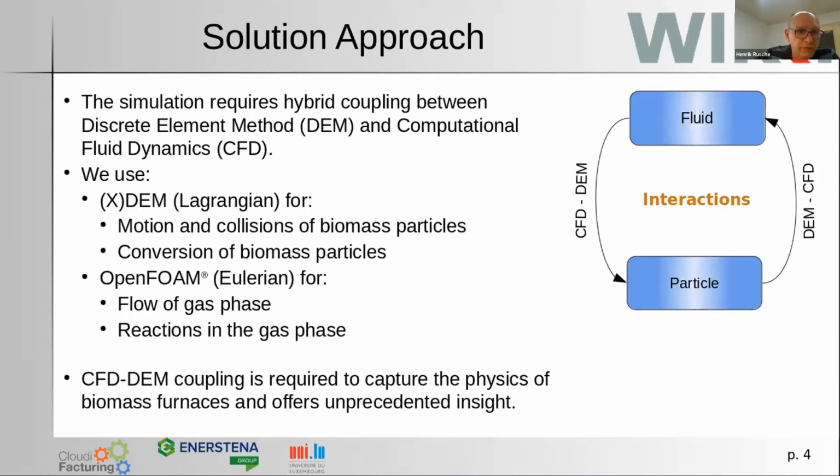And we use XDEM, which is developed at the University of Luxembourg, which is a DEM code, but the X stands for extended physics on the particles, such as drying and combustion and release of chemicals.